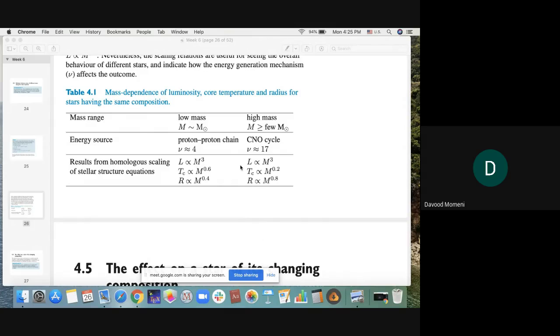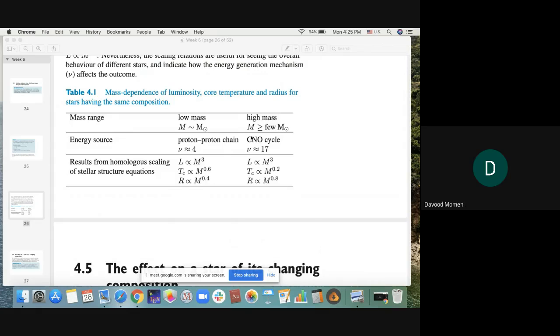So if you believe that some stars in the main sequence have only pp proton chain, then you can think that the chemical composition inside the star remains the same. I mean, mu is constant, so those expressions give you the change in the luminosity, core temperature, and radius as a function of m.